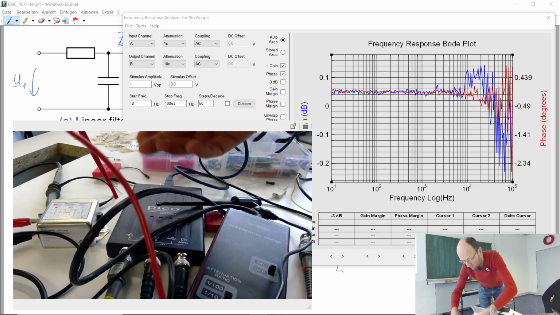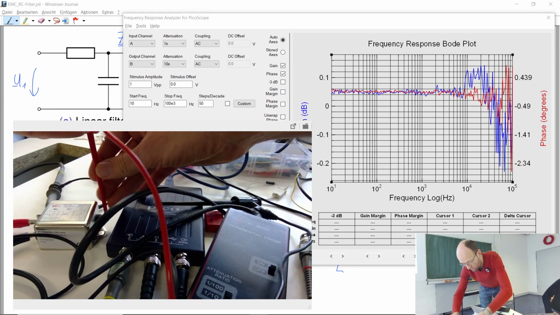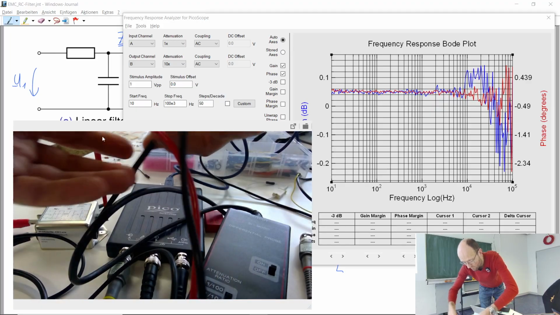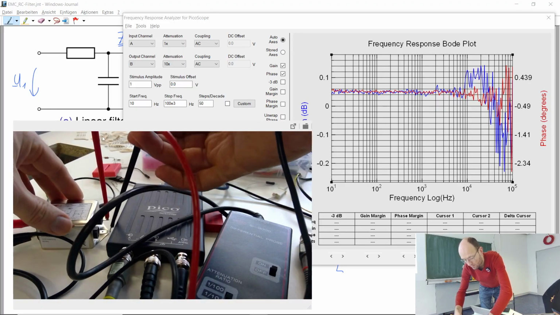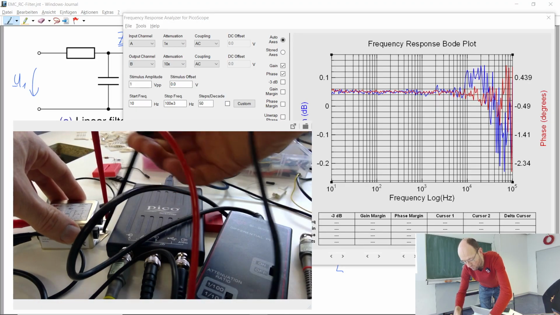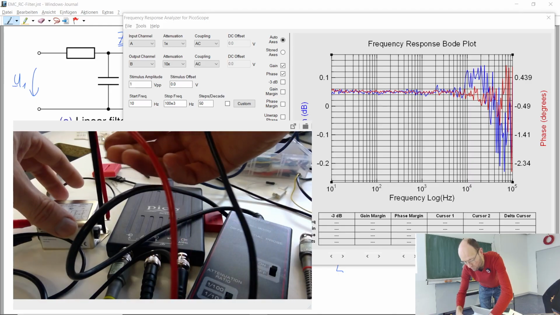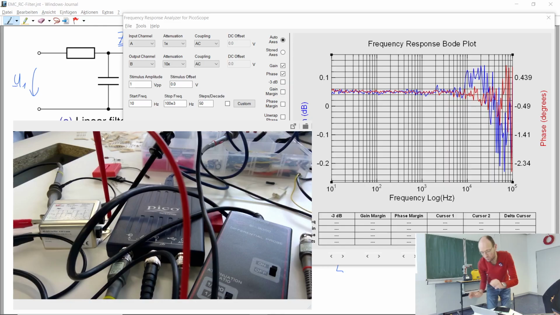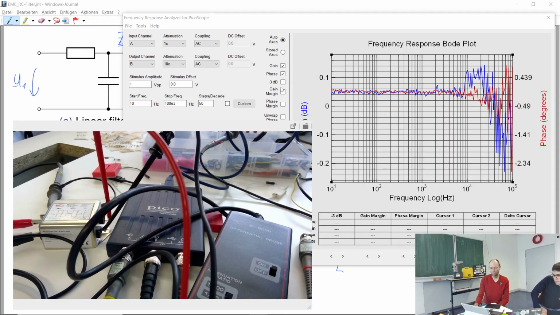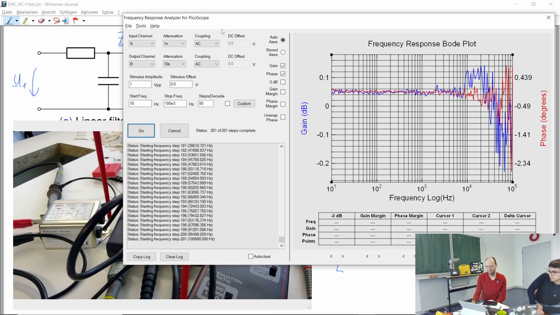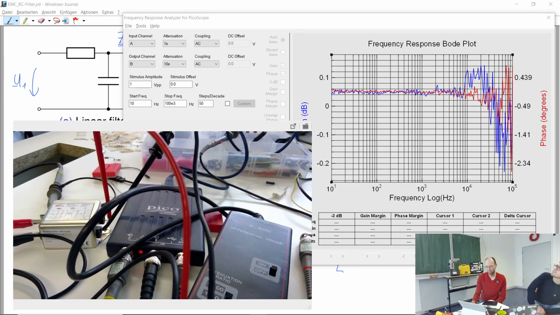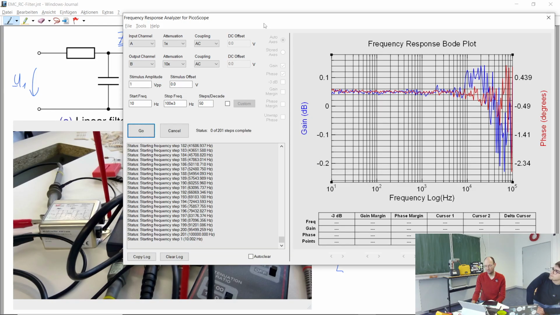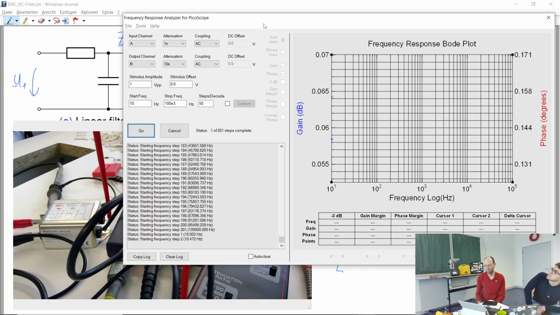And these are the probes for the output. So one at the upper potential and one at the lower potential or lower terminal. Not too solid, but okay. And let's hit go and see what it does.